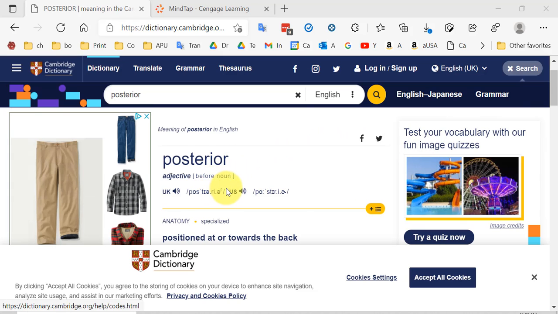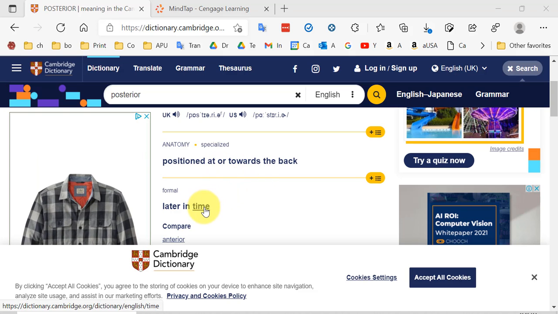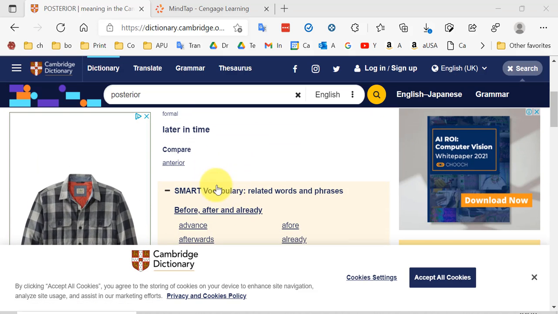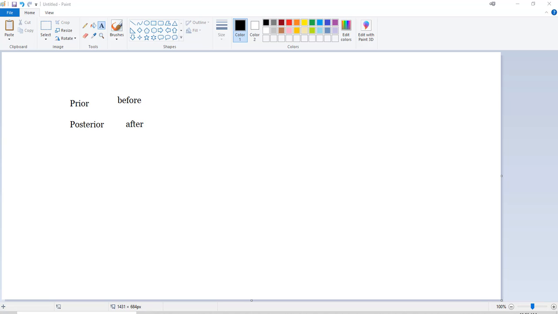Posterior means positioned at or towards the back, or later in time, as opposed to anterior. So it basically means after, and it comes from Latin. So these words come up in terms of Bayes' theory: prior, before, and posterior, after.